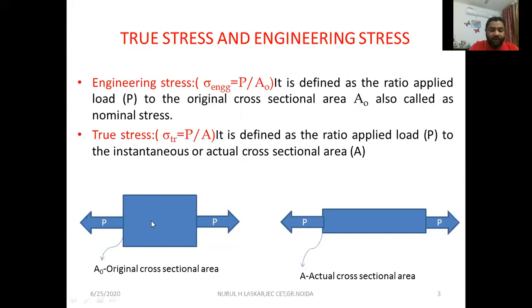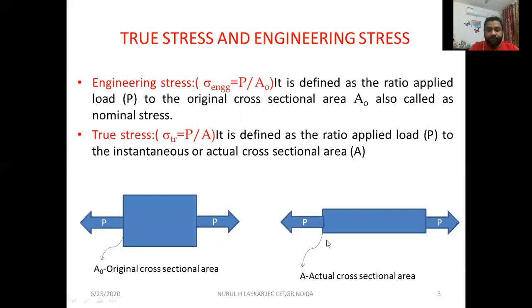In that body I am applying a tensile load P. Now after the application of the load, the deformation will be like this, so the cross-section will decrease. I have written here A is the actual cross-sectional area, that is after the application of the load.